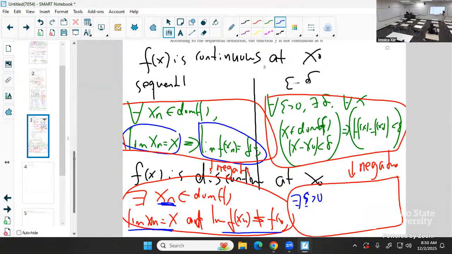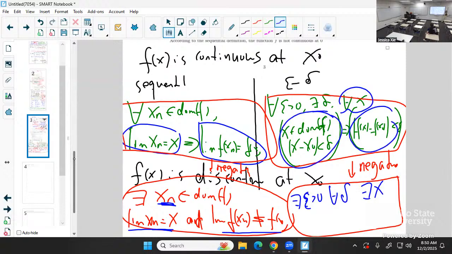For epsilon, they give me for all, so it becomes there exists epsilon. Then there exists x such that P and not Q. P is x in the domain and the absolute value of x minus x naught less than delta, and not Q means the absolute value of f of x minus f of x naught is greater than or equal to epsilon, because Q is less than. Very standard, right? When you see a for all, replace it by there exists. When you see there exists, write for all. If you see P implies Q, write P and not Q.